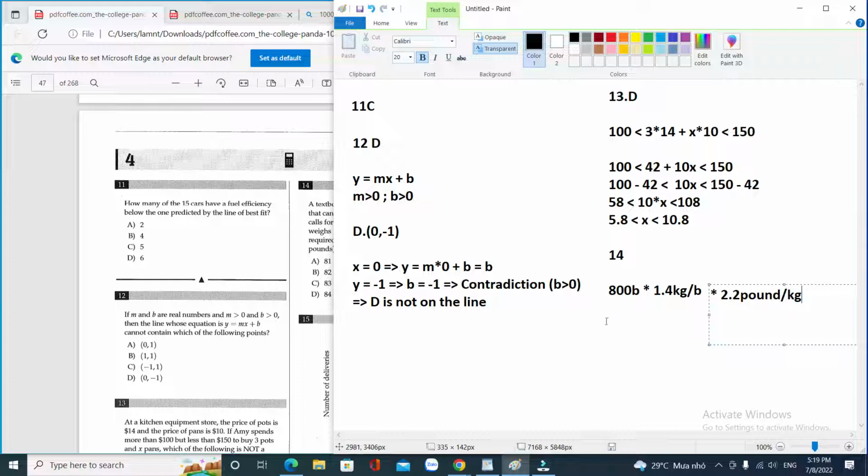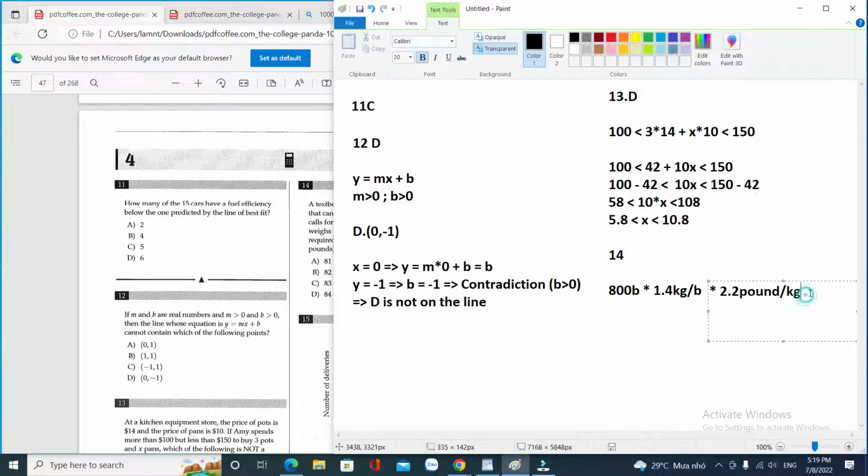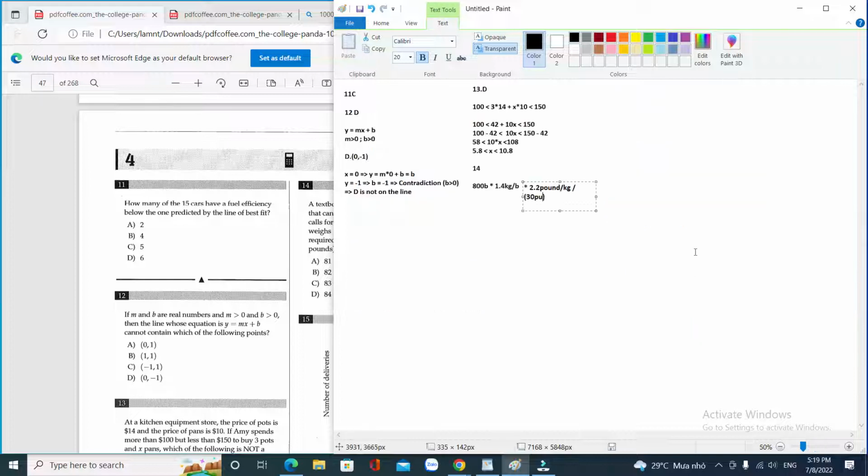Okay, so we have converted this to pounds, and each box can hold 30 pounds. So we're going to divide it by 30 pounds per box. Okay, so that's going to give us the boxes.